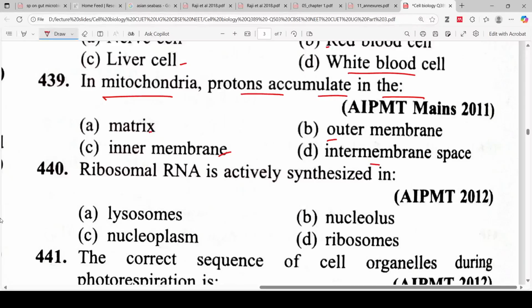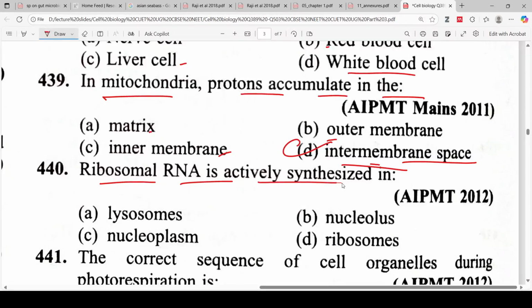So the correct answer will be intermembrane space.